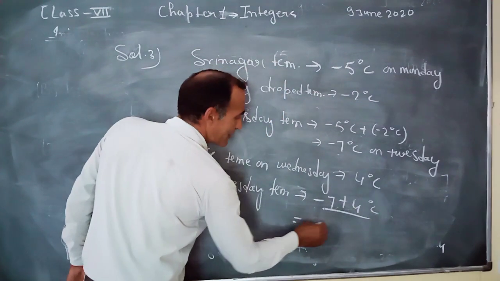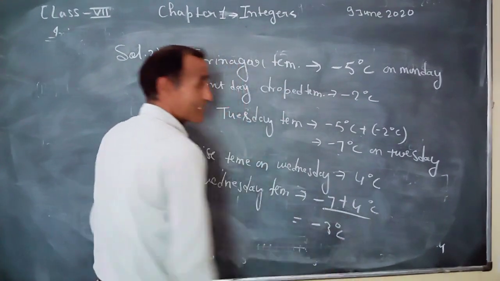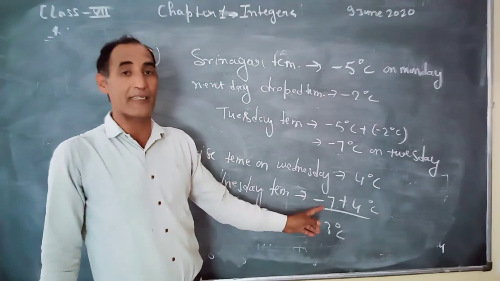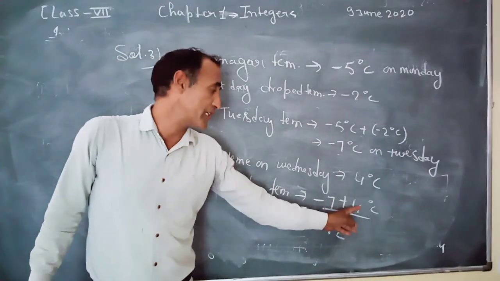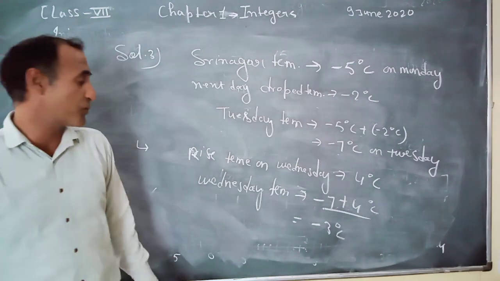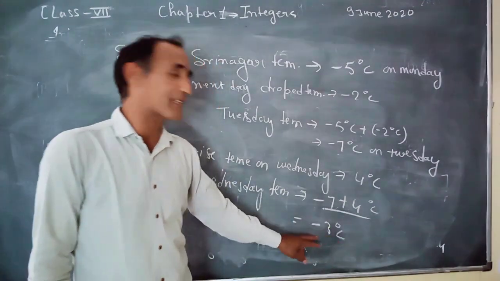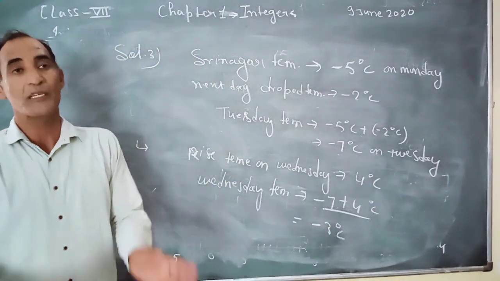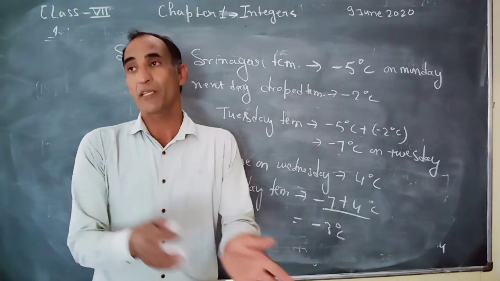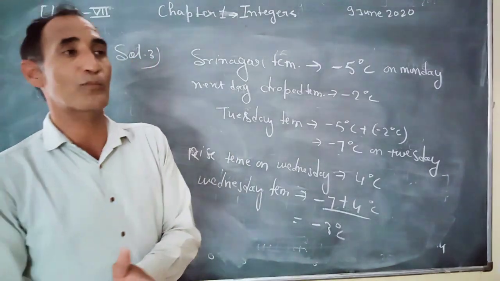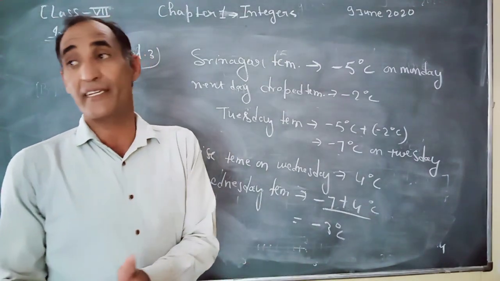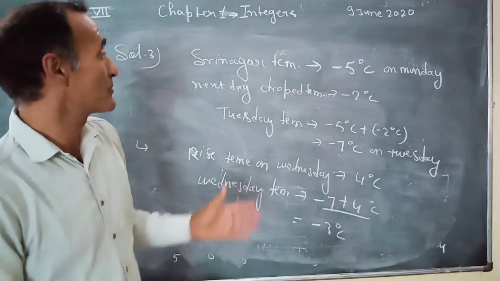So what is the temperature? -3 degrees Celsius, because the negative digit is greater and the positive digit is smaller, so we find here -3 degrees Celsius.